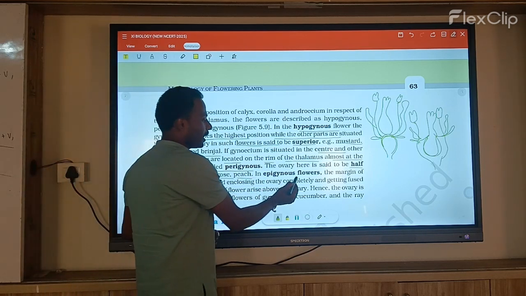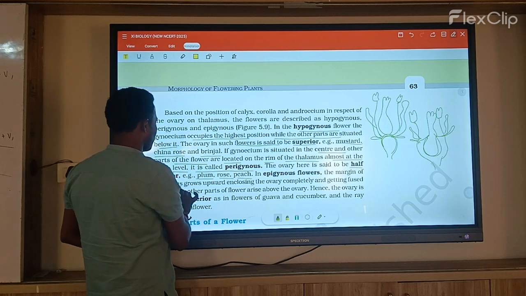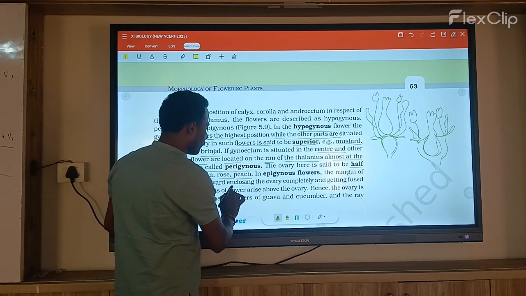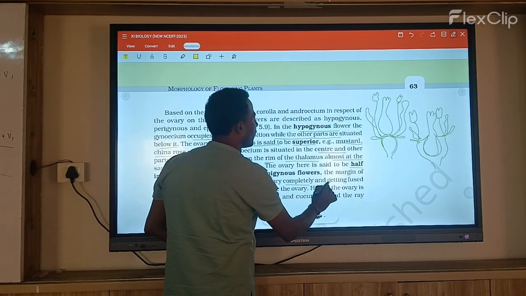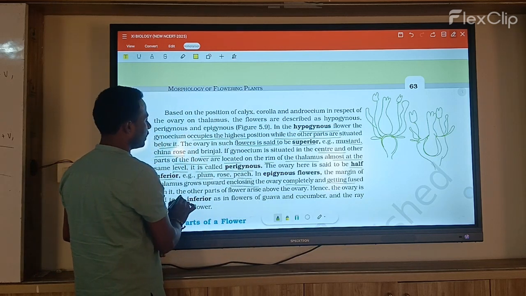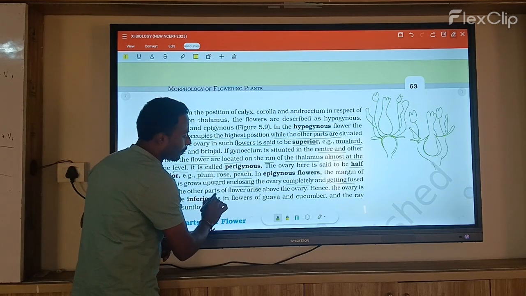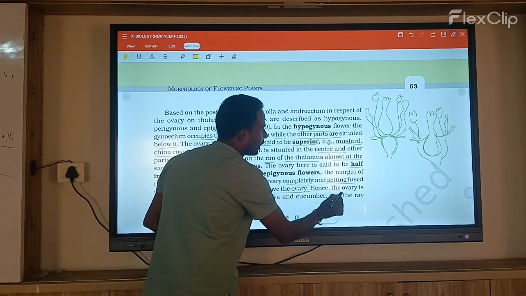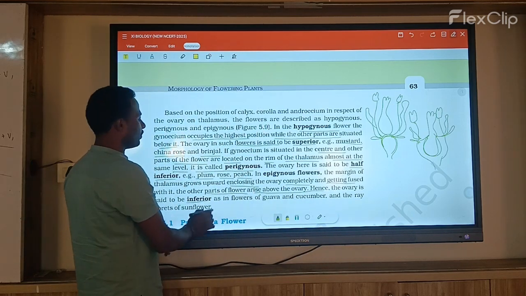In epigynous flowers, the margin of the thalamus grows upwards, encloses the ovary completely and fuses with it. The other parts of the flower arise above the ovary, hence it is called inferior.